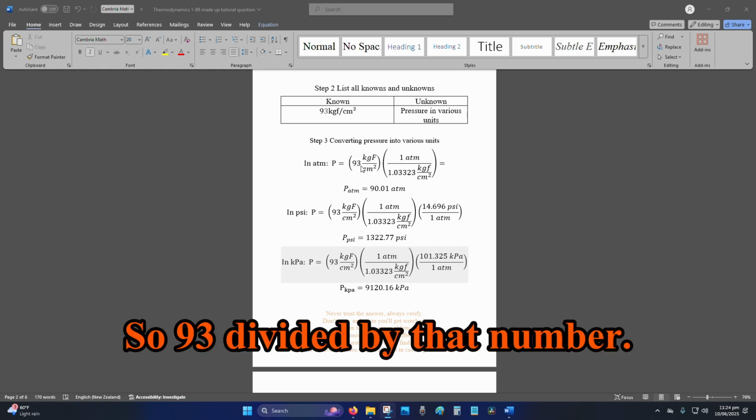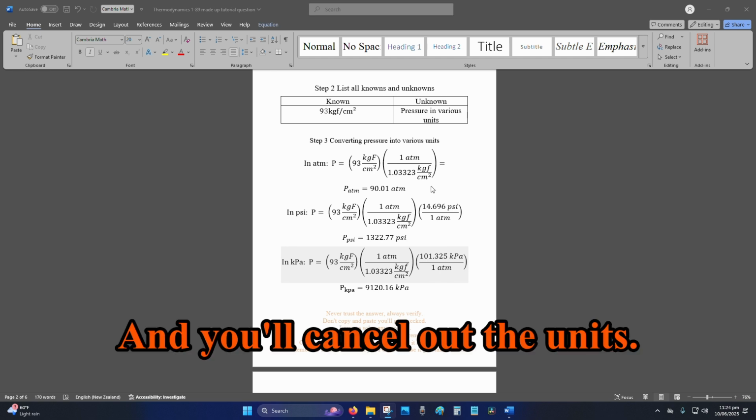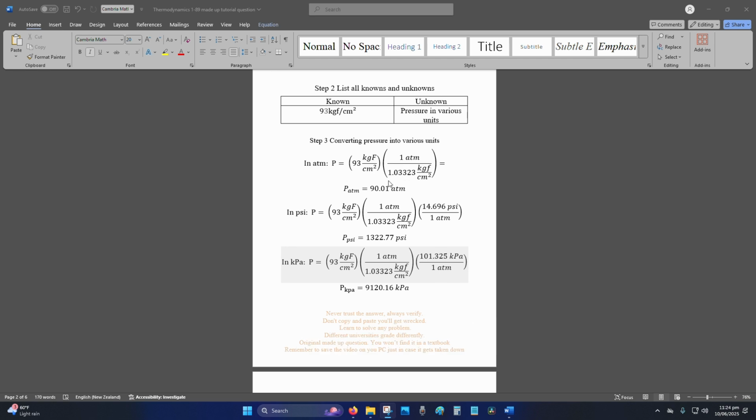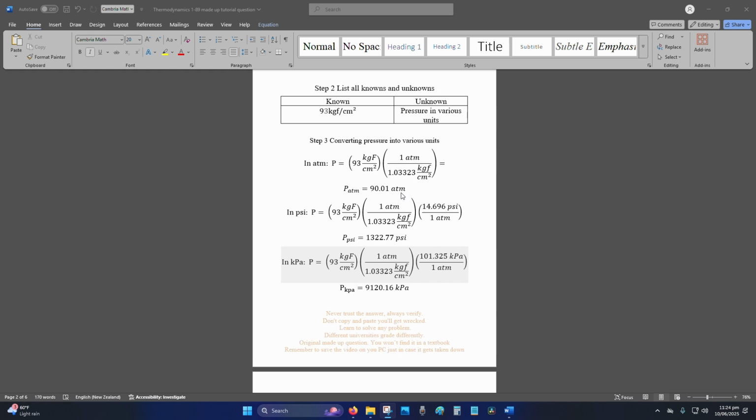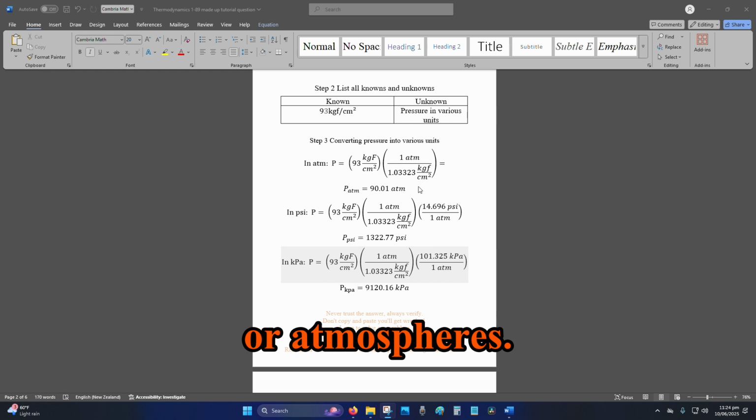So 93 divided by that number, and you'll cancel out the units. So we will get 90.01 atm, or atmospheres.